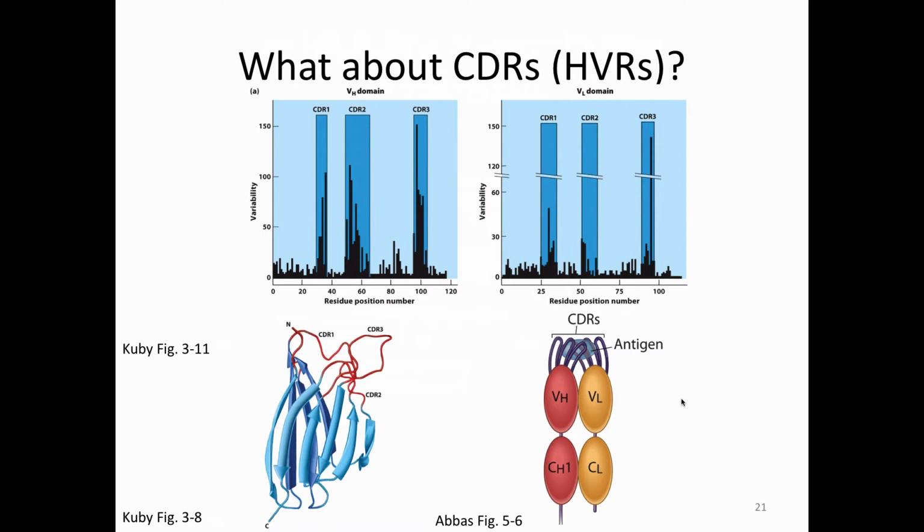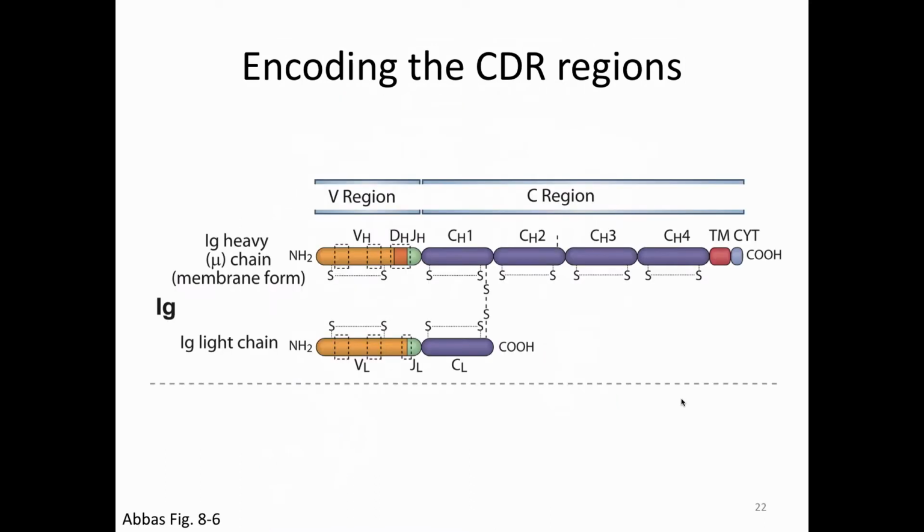So where are they in this whole process? Well, the complementarity determining region 1, CDR1, otherwise known as HVR1, is just a part of which V you pick. And number 2 is also just a part of which V you pick. But CDR3 is actually encoded by the junction between the V, D, and J, or V and J you pick.